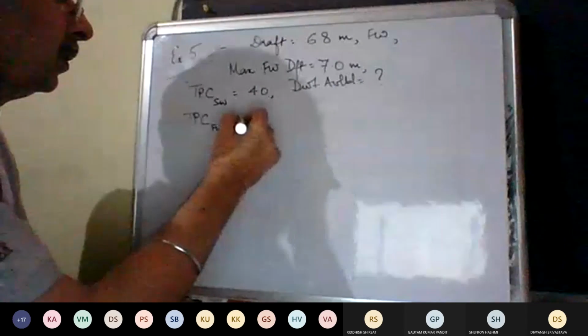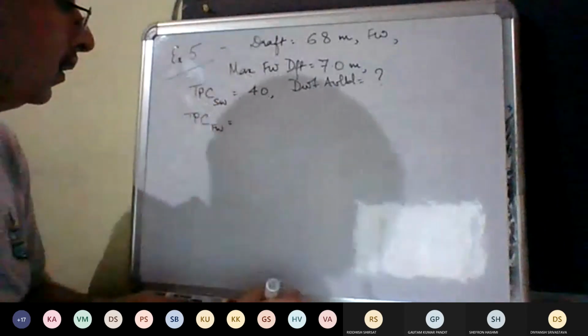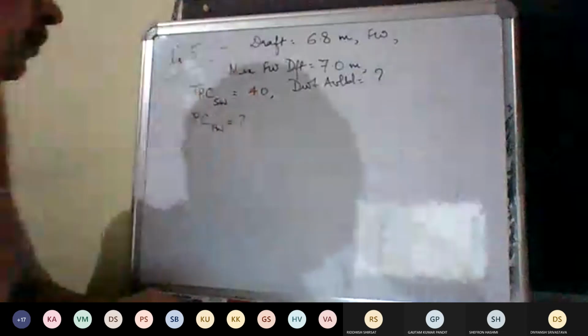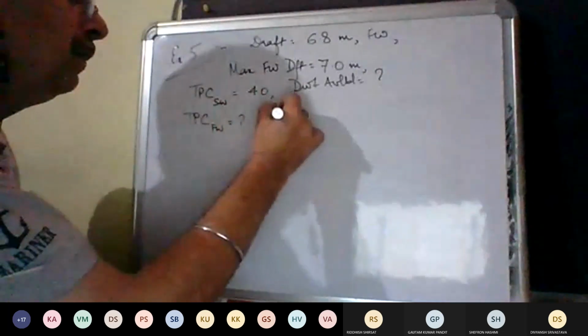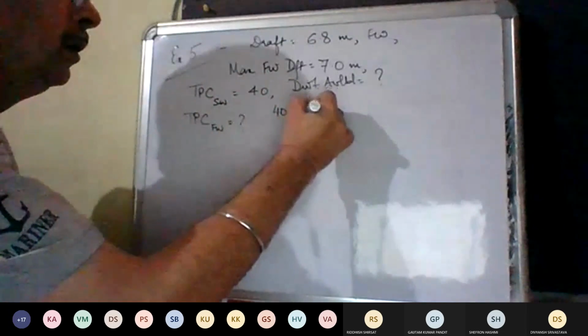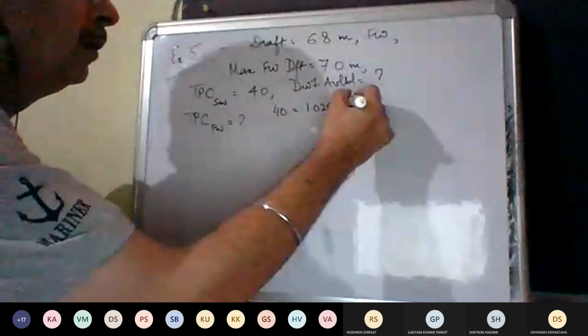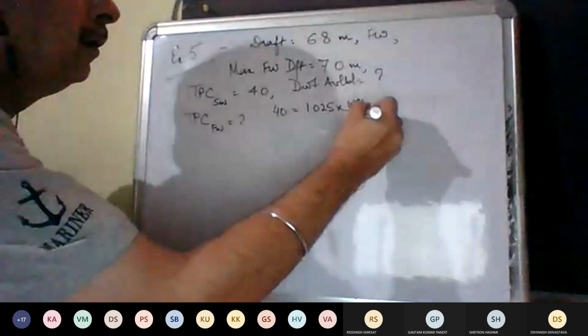That is the first thing that I need to know. So I find out the water plane area from TPC saltwater. 40 is equal to 1.025 into water plane area divided by 100.